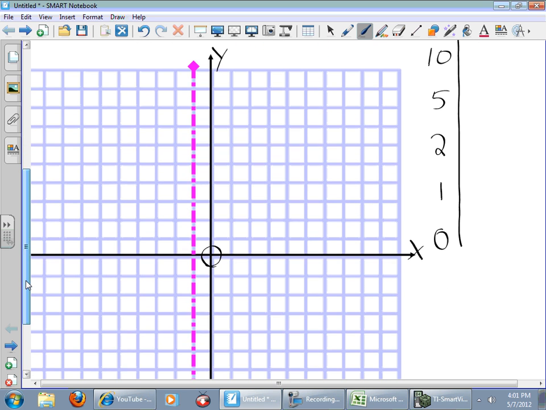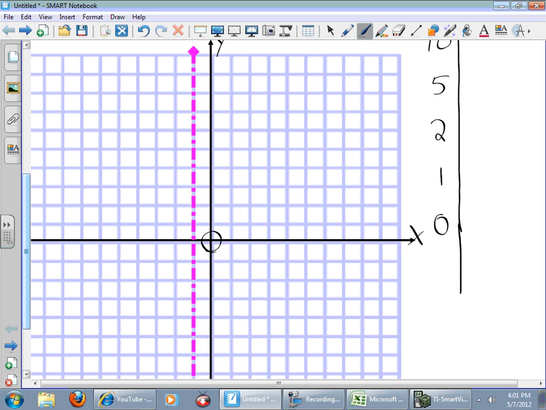And then I'm going to put -1/2, and -1/5, and -1/10. And I just chose to get really close to the asymptote.